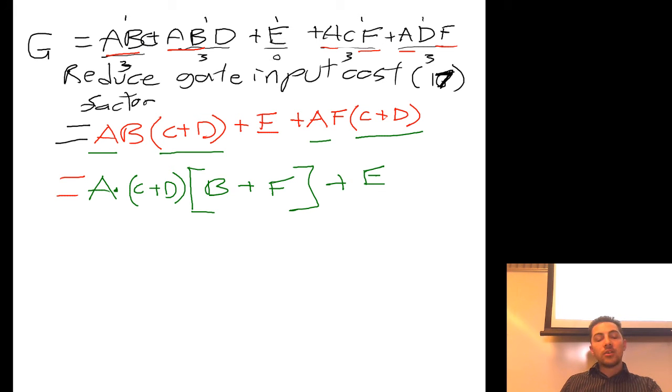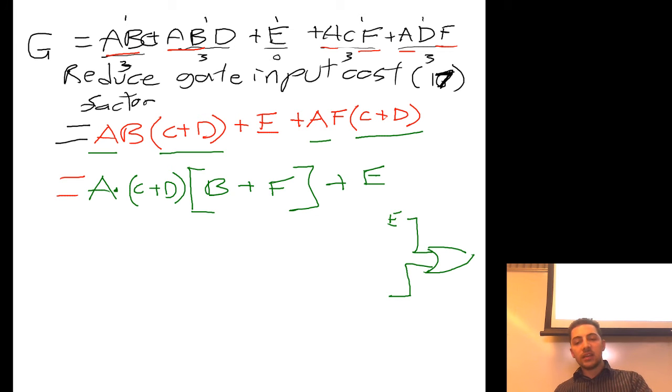Okay, so now looking at this, let's evaluate our gate input cost. It gets a little bit trickier. I'm going to draw it out just so that we can see easily here. We've got this OR E. We're ORing that with everything else. And what is that everything else?